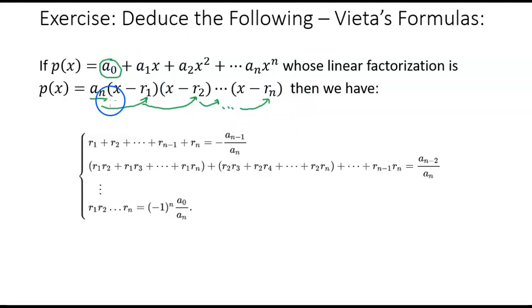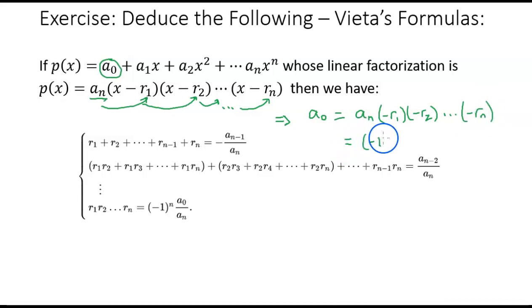And so that means, since by the fundamental theorem of algebra this thing here is equal to this thing here, that means we must have a0 is equal to an times negative r1 times negative r2 times all the way up to negative rn, which is clearly equal to negative 1 to the power of n times an times r1, r2, all the way up to rn.